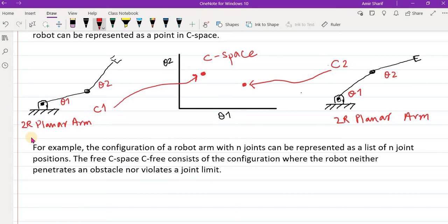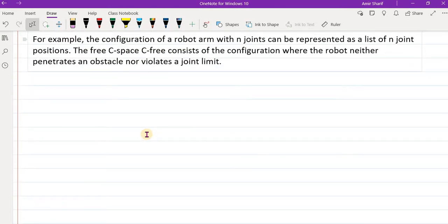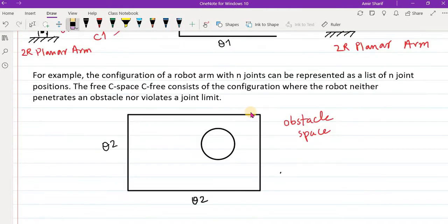So in a C space like here, this is a C space with two joints, and we name them theta 1 and theta 2. These theta 1 and theta 2 are the joint angles, and then this is our C space.